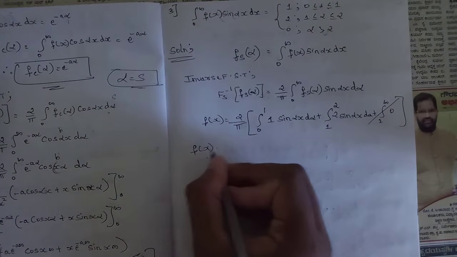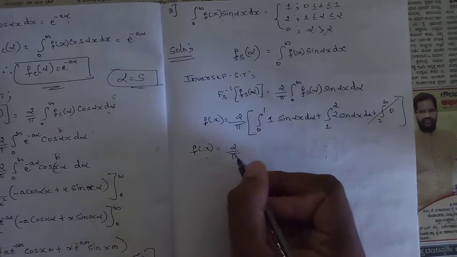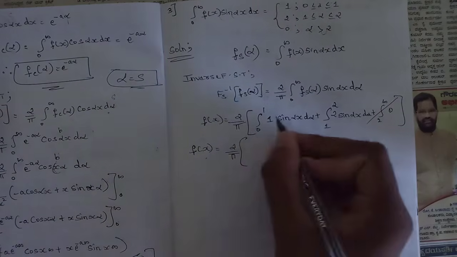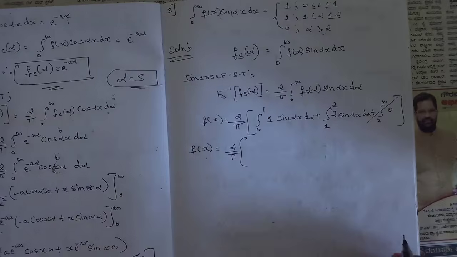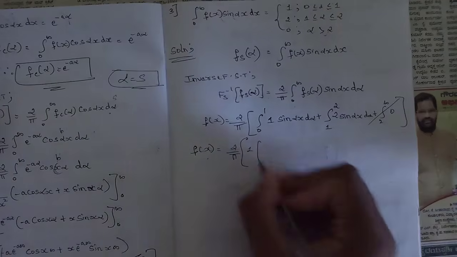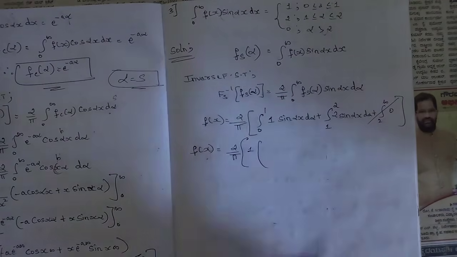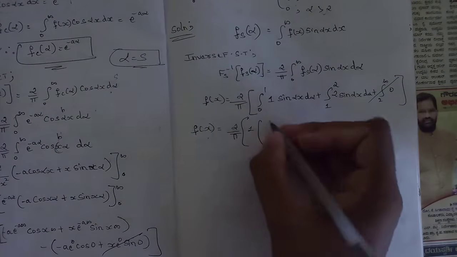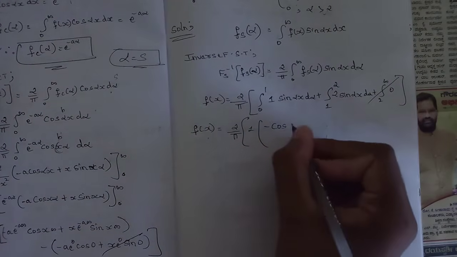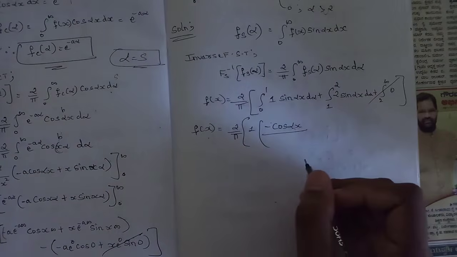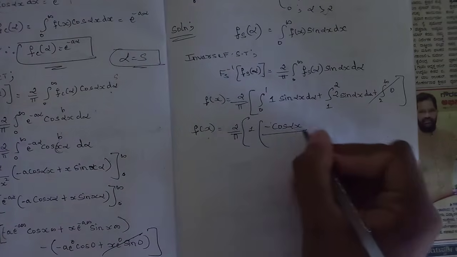So the remaining terms left out are 2 by pi into, if we take 1 and 2 outside, we can directly use the integral and solve it. That is the integral of sine alpha x. The integral of sine is minus cos, right? So minus cos alpha x, and the parameter is alpha, so we need to divide by the coefficient of alpha, not x.